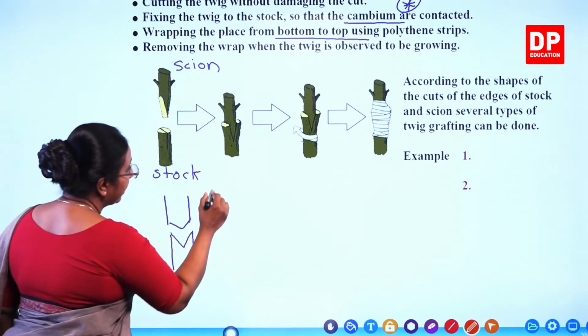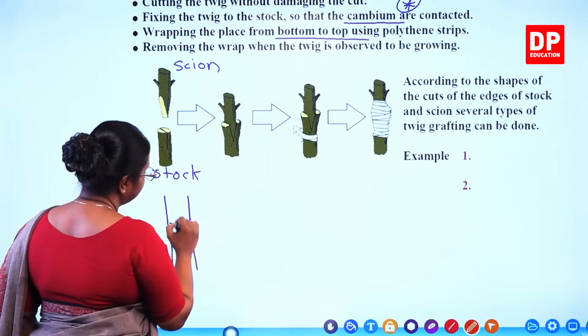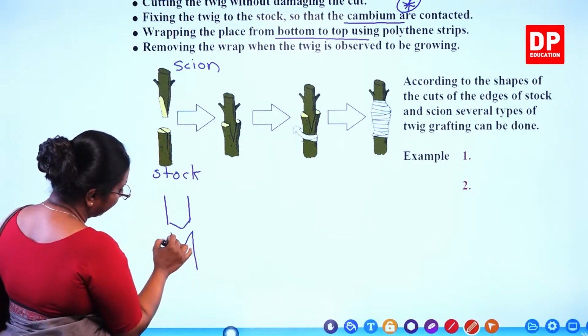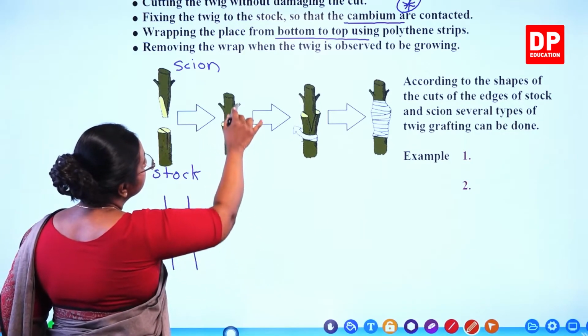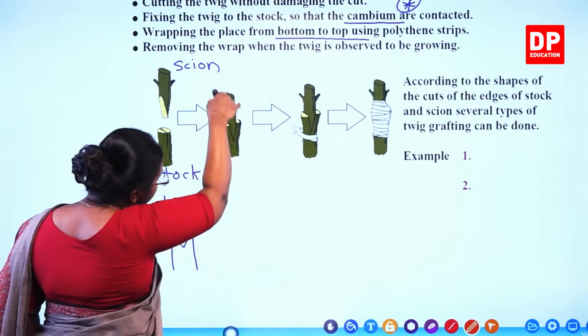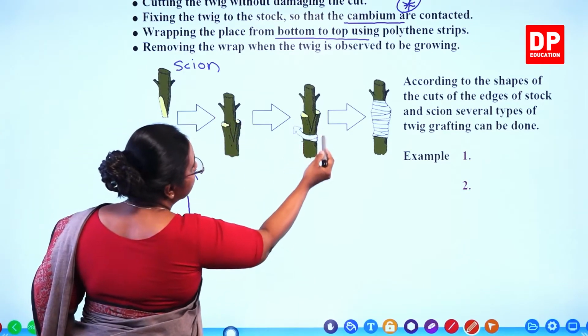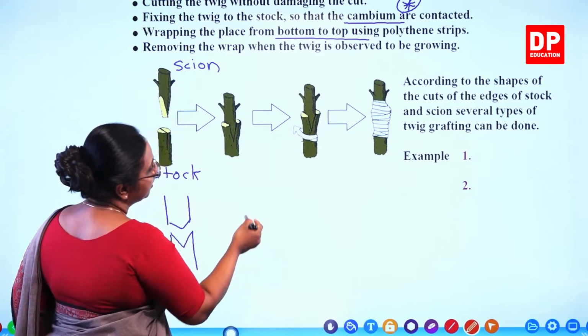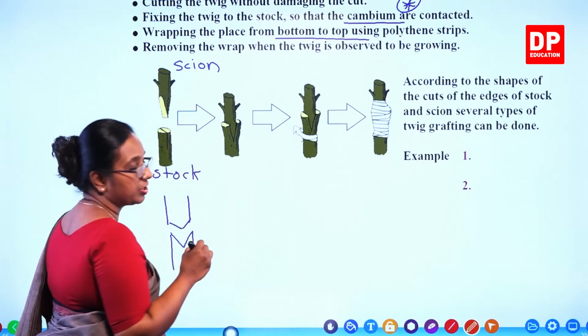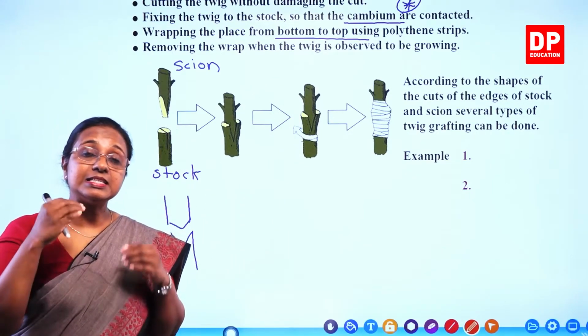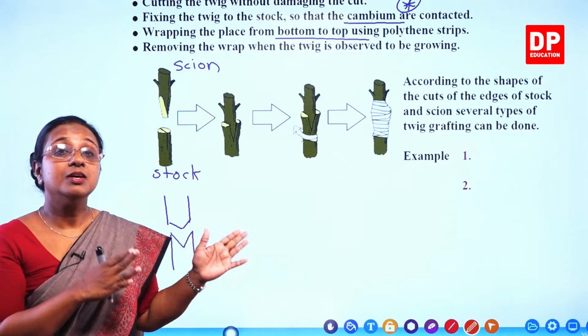So when they are fixed together, you can see like this, like a wedge we have made the cut. So here the scion is inserted into the stalk, and then you have to wrap the polythene from top to bottom so that the scion is kept in place with the stalk.